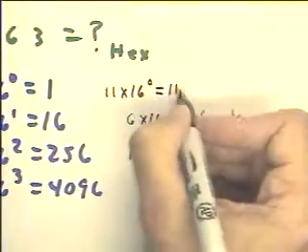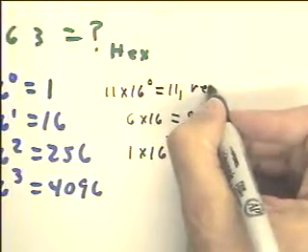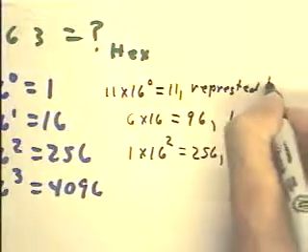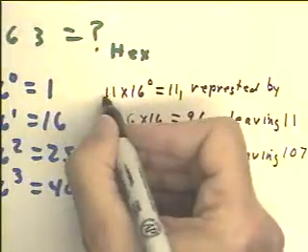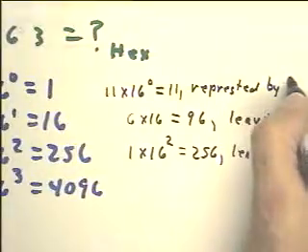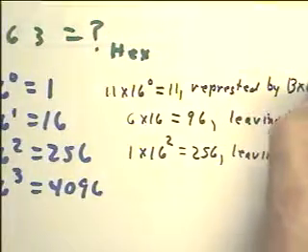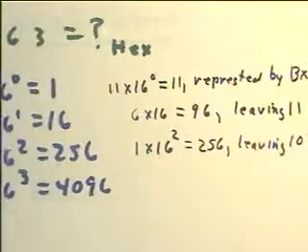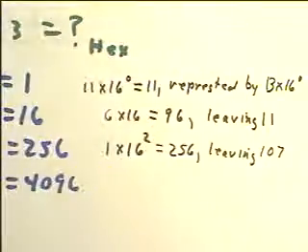which gives us the 11, but instead of 11, we're going to have to use B times 16 to the 0, because again we can't use a two-digit number in a place value system.